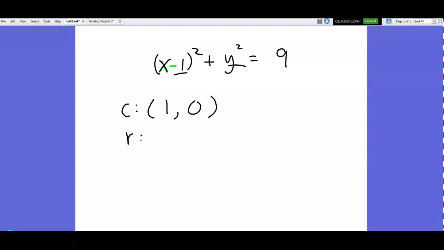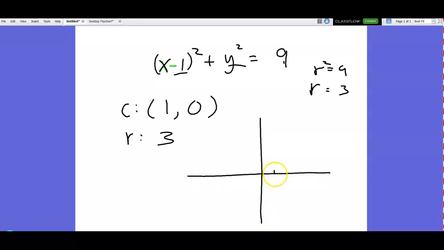It comes from the 9. If r squared equals 9, then r is equal to 3, because you can square root both sides. So if you wanted to graph this, it would be here with a radius of 3. 1, 2, 3, 1, 2, 3. There's your circle. That's how you graph circles.